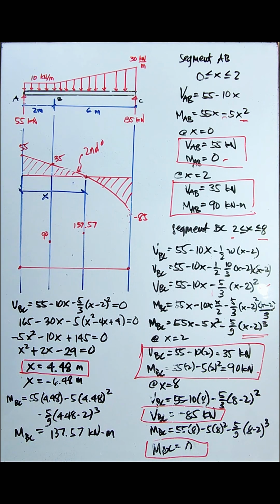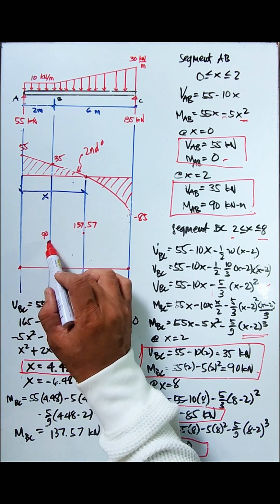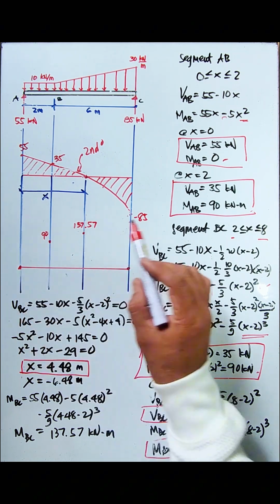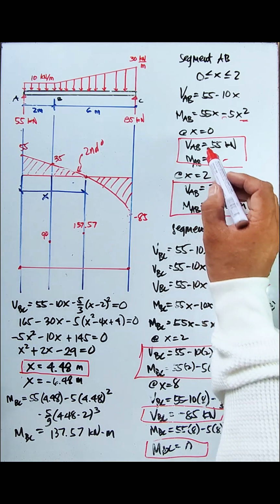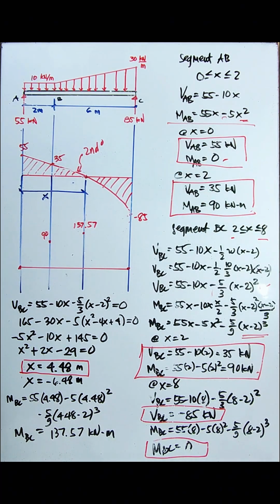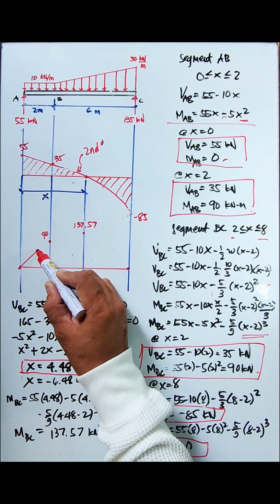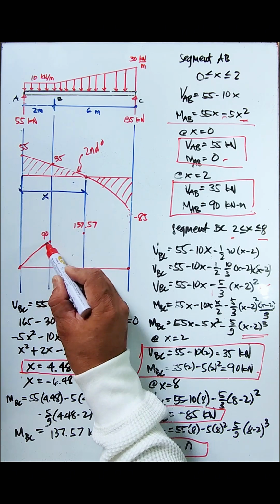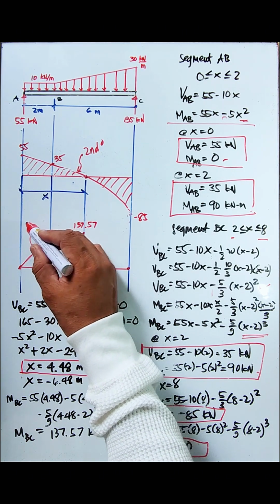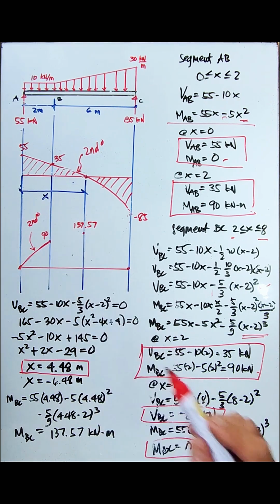So from here to here, that's moment AB. This one is a parabola. It's quadratic, so second degree. So we'll just connect this with a second degree curve. So this is second degree.